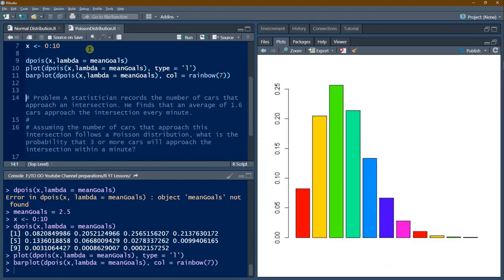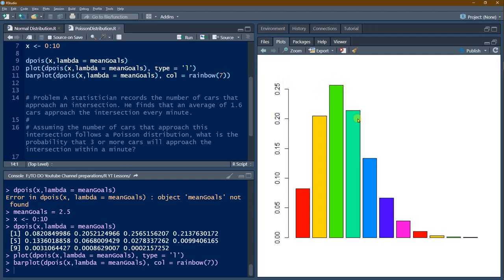Here we can also make a bar plot with the rainbow colors. So we have for each situation what the probability is. The first is 0, therefore the probability of not scoring any goal is somewhere here, 8% you can say. The probability for scoring 0, 1, 2 goals is almost 26% or so.